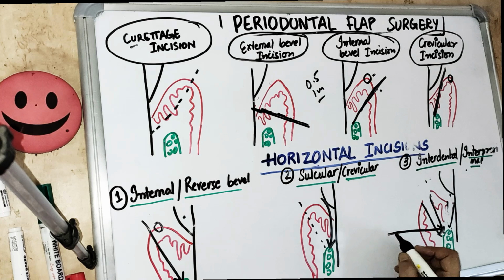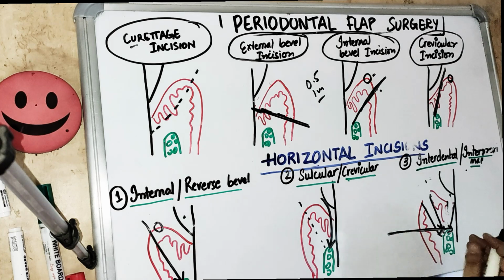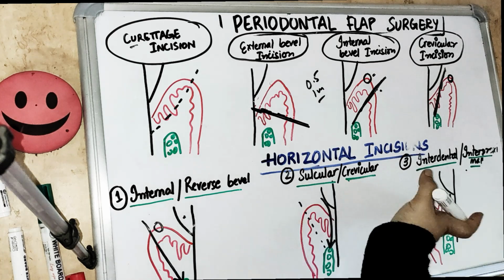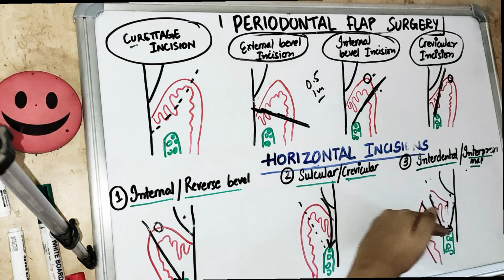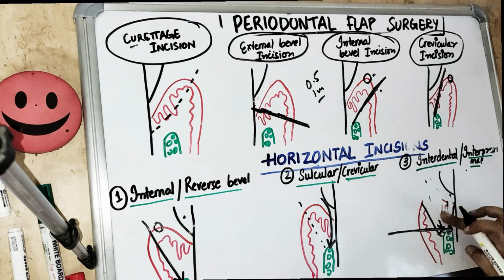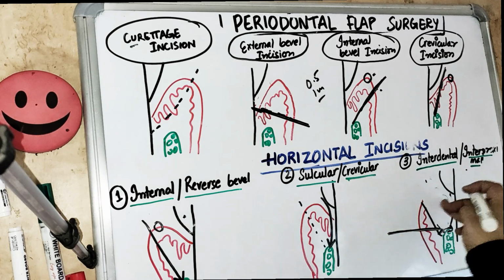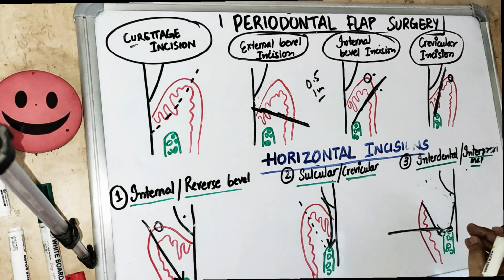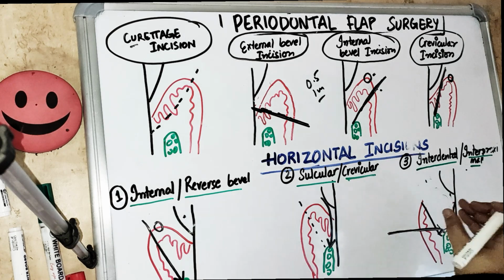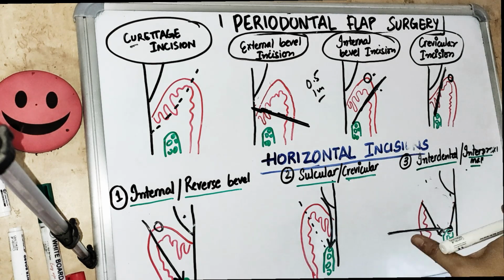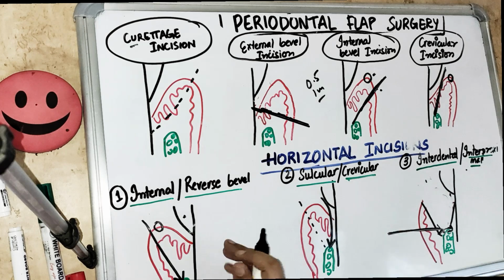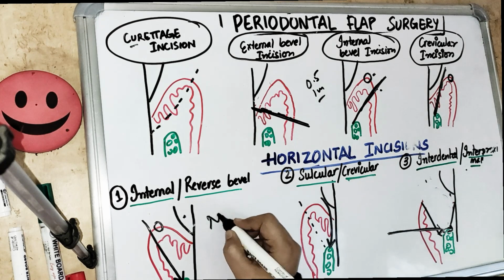So we are giving one interdental incision like that, or interproximal incision. This is not exactly vertical, it is a kind of oblique incision, and we are removing this part. This is how we are removing the epithelial lining, the pocket lining, the lateral wall of the pocket, and all of the inflamed or infected tissue. Now this is the interdental or interproximal incision. So this is the sequence of the modified Widman flap.